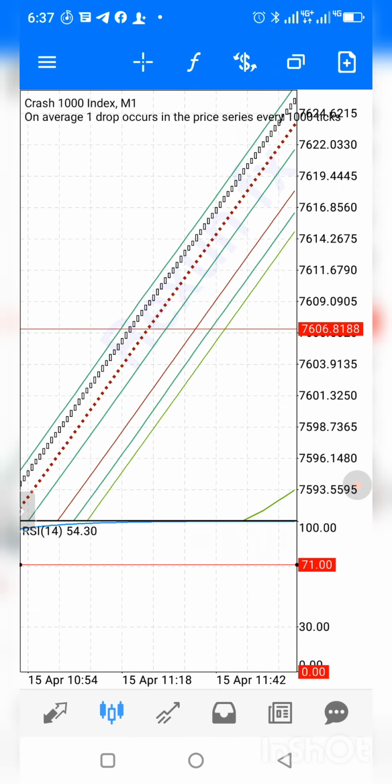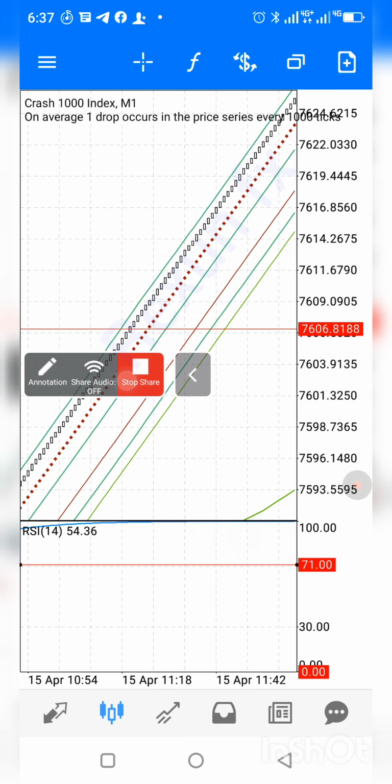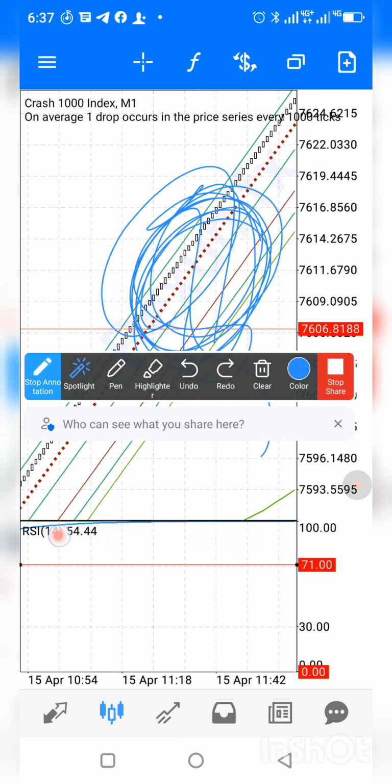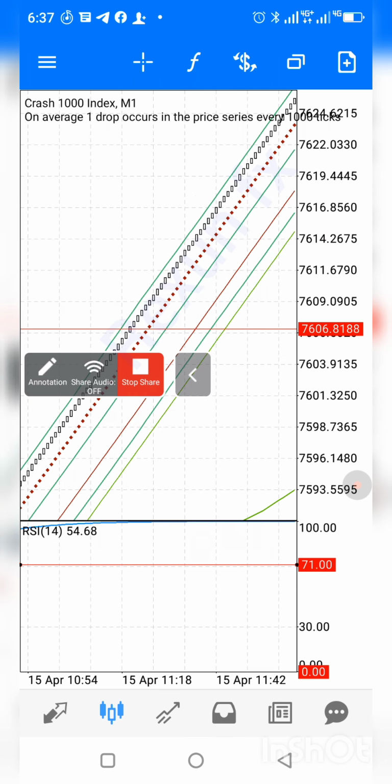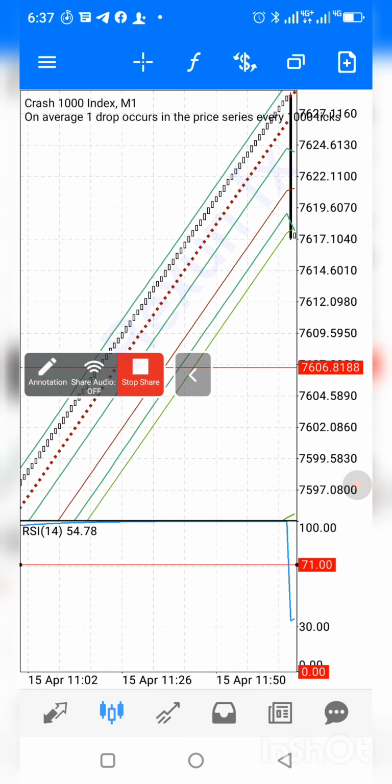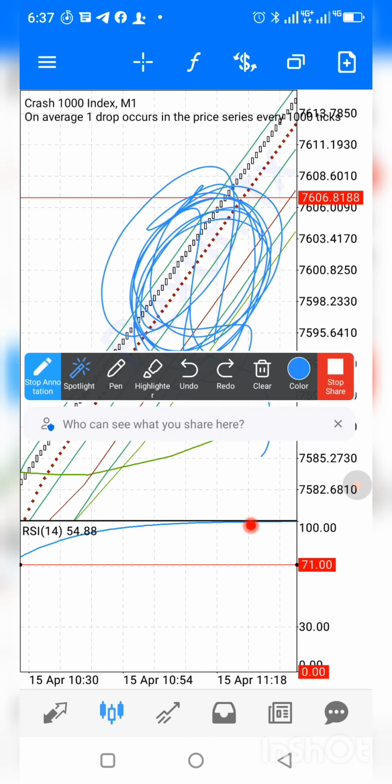I think in this case, the RSI actually went all the way to 99.98. Yeah, 99.98. So this one went all the way. You can see the spread was continuous all the way.